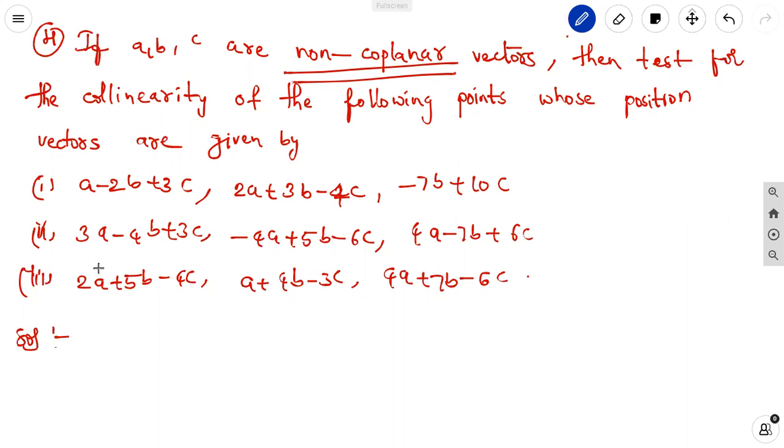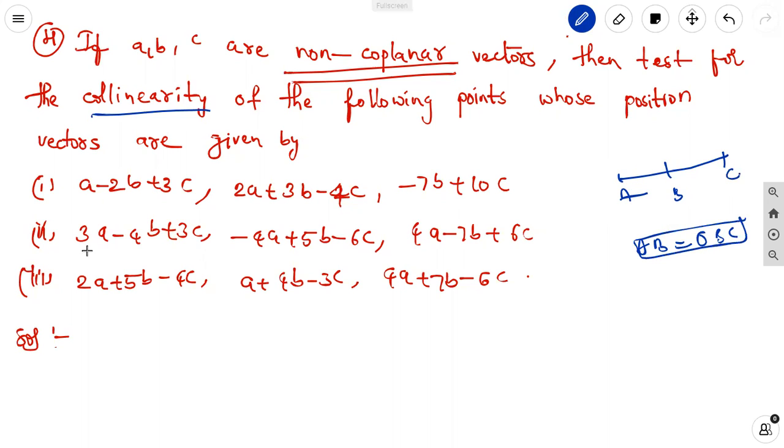That is the first problem. Collinearity means the three points are on the same line. If A, B, C are collinear, we can say that AB is equal to some multiple of BC.